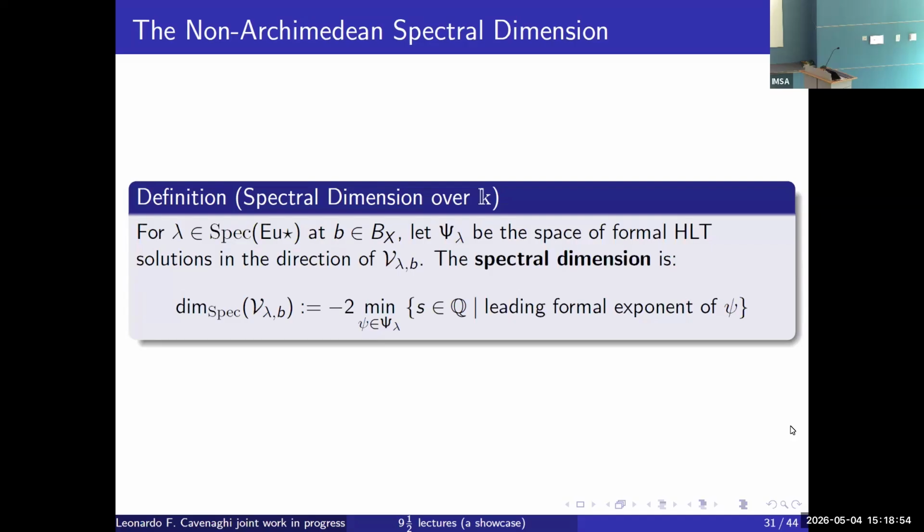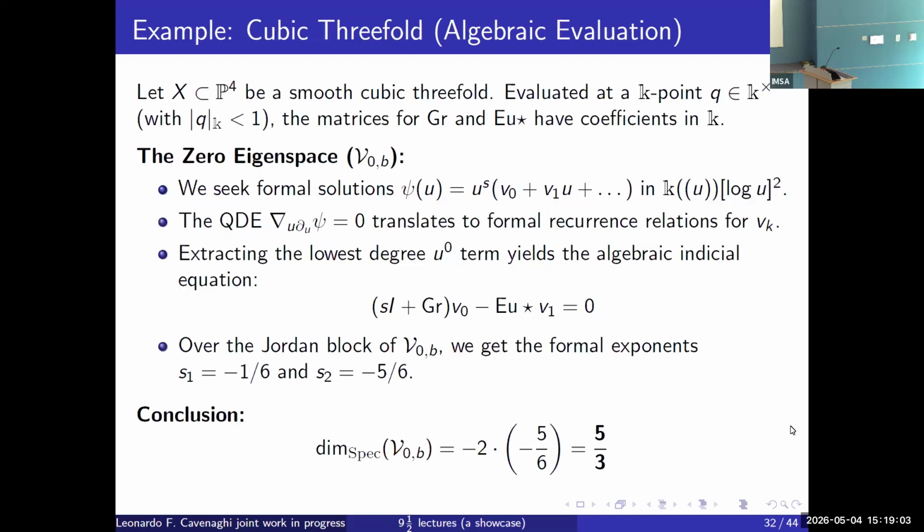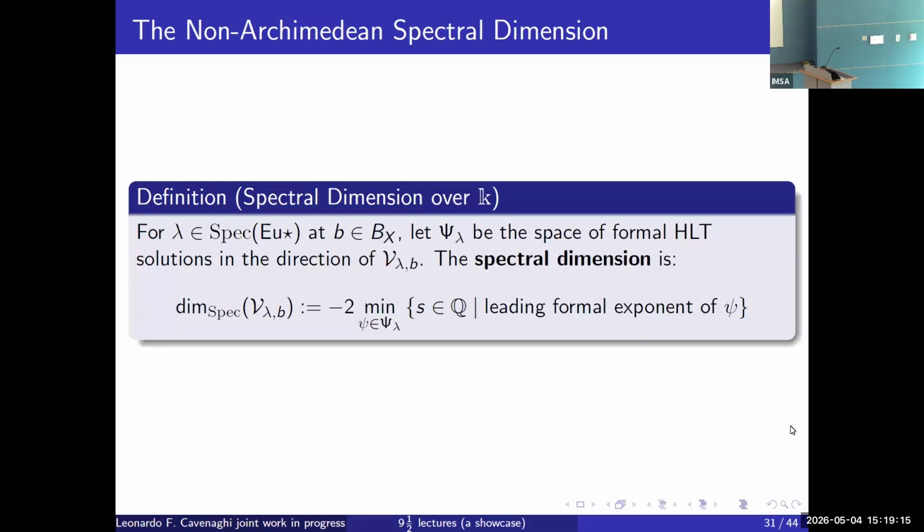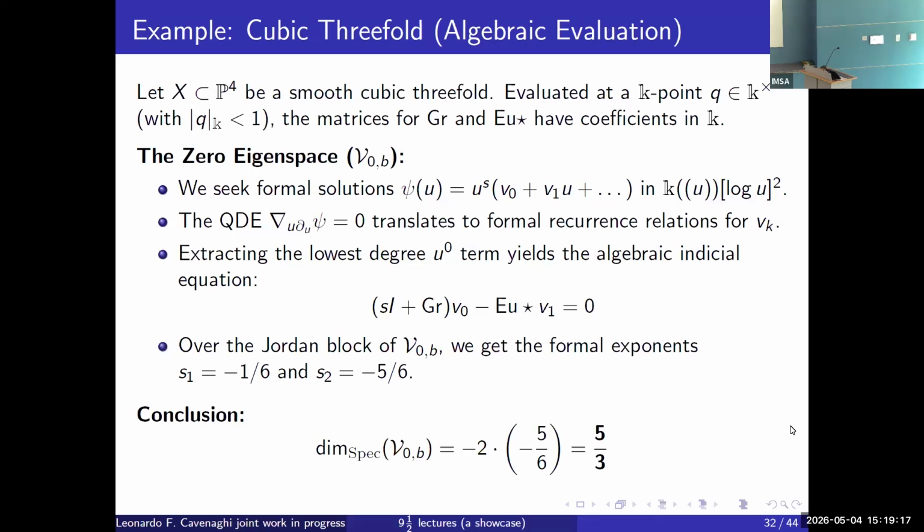But indeed, you see what you're doing here. We have your A-model manifold, then you have a bundle, a connection in the direction, plus a differential equation. You want to look at this sort of numbers. The solutions that we propose depend on the generalized eigenspace that we're pursuing. So in this case, you have 5/3, this is the dimension of the corresponding eigenspace.